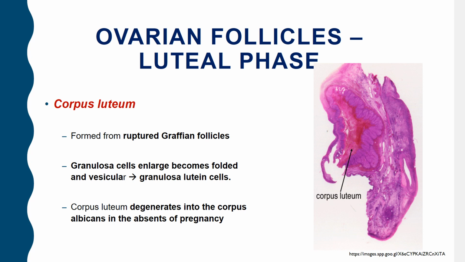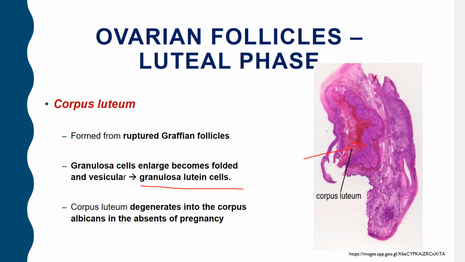Okay, so what happens in this phase is the granulosa cells that were in your follicles earlier will eventually become enlarged and folded, so you can see this vesicular folding kind of structure of your corpus luteum. Okay, and they are no longer called granulosa cells, they'll be known as granulosa lutein cells. Same for your theca interna cells, they also become enlarged and glandular and will be known as theca lutein cells.